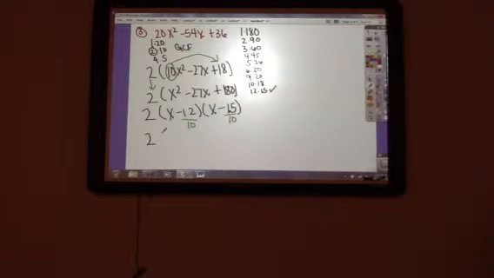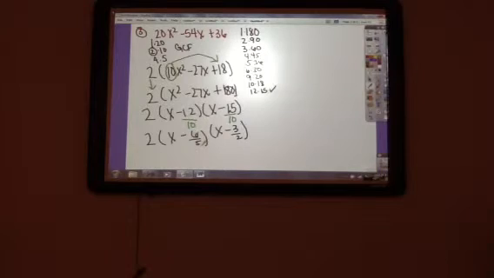Bring down the 2. 12 over 10 can be reduced. So instead of having minus 12 over 10, we change that to minus 6 over 5. The same thing for 15 over 10. We can reduce that to 3 over 2.